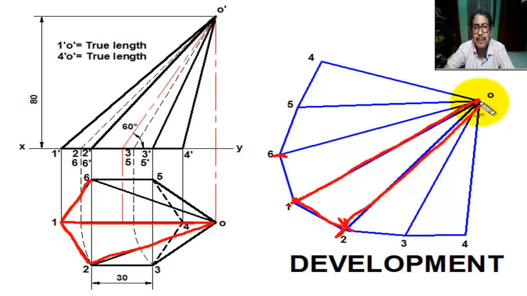With this length, with pencil compass, draw an arc and join 6 and O. Similarly, from 6 we take an arc of 30 millimeter, 6, 5, we draw the arc, and O5 true length is O dash 5 dash.